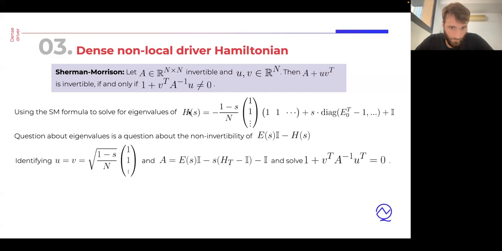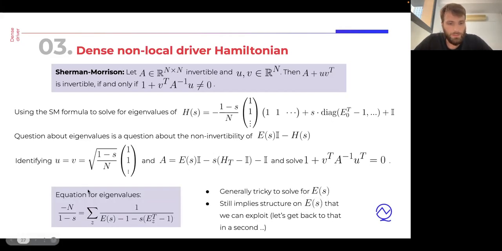So if we identify the vectors u and v with these projector parts here, and then define the matrix A as this somewhat verbose expression here, then we can plug all this into the Sherman-Morrison formula and set it to 0, because this would mean it's non-invertible, and then we can solve for the eigenvalues, right? And this gives us an equation like this here at the bottom.